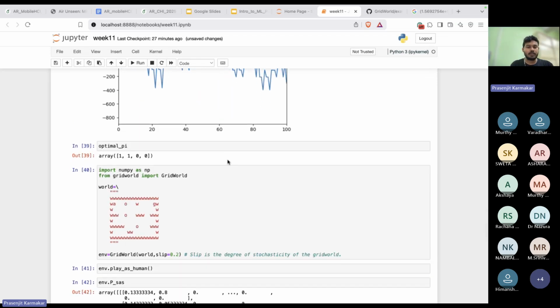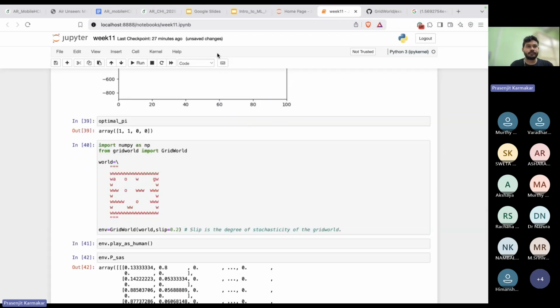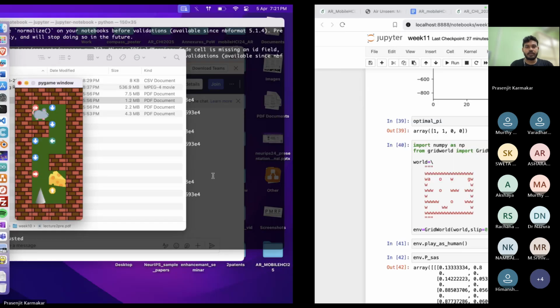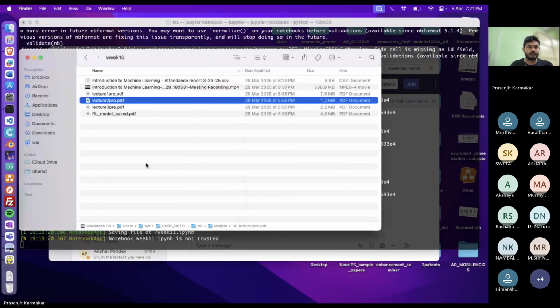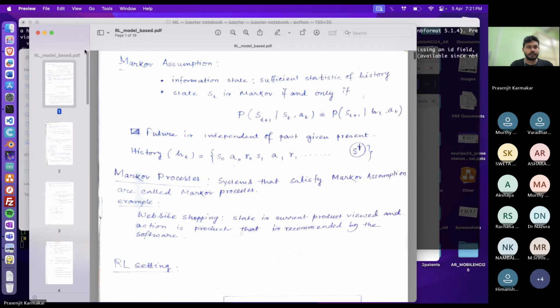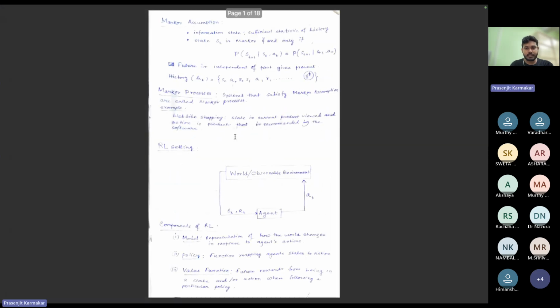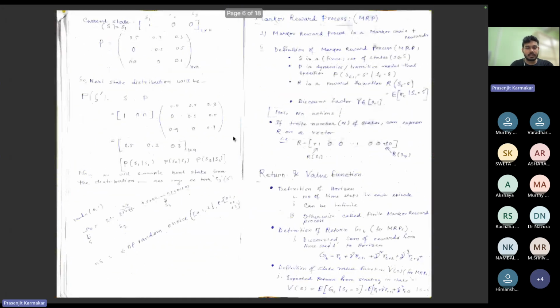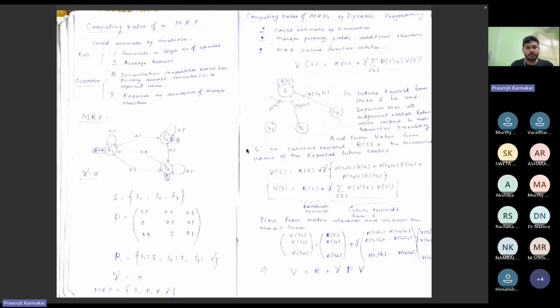Let me just go over the algorithm once. These notes and everything are already in that drive folder, so you can look into it if you want.